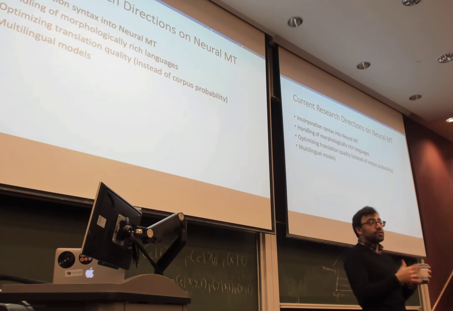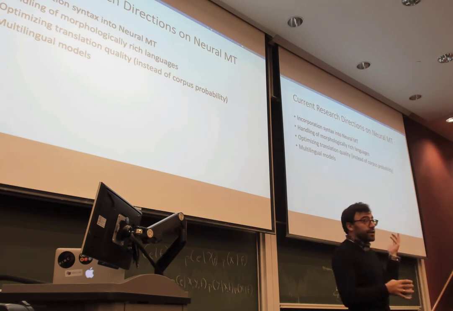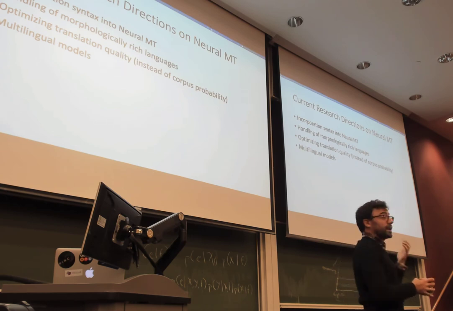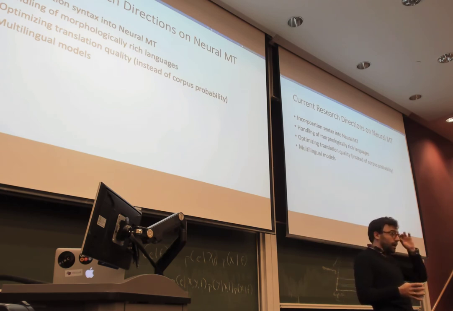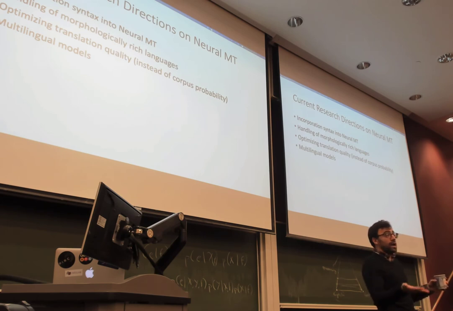Now, these neural models don't really do any of that. Well, maybe they do, but it's all done implicitly. Okay, so one very interesting direction is incorporating syntax and other linguistic intuitions into the neural model. And some of the people here at CMU have done some interesting work in this direction. Another interesting thing is how do you handle morphologically rich languages?